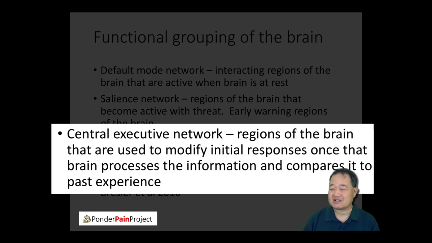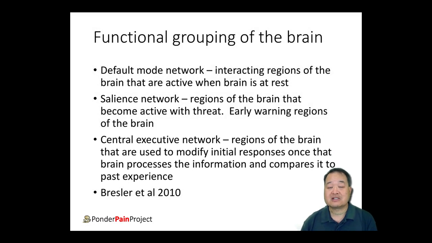Have we seen this signal before? Is it something to be worried about? Or can we start to dampen down our alert system? Or do we have to ramp it up even higher? So its job is to modulate our initial first reactions. So this is one way of classifying the functions of the brain with pain: by activity that occurs at the default mode network, the salience network, and the central executive network.